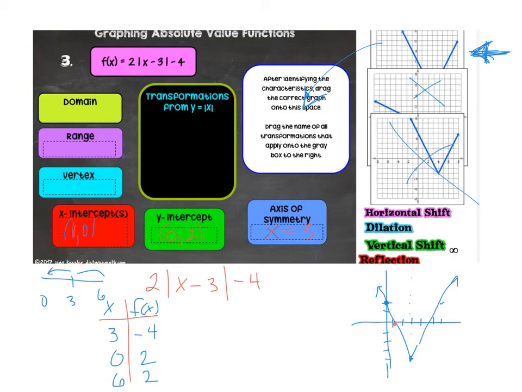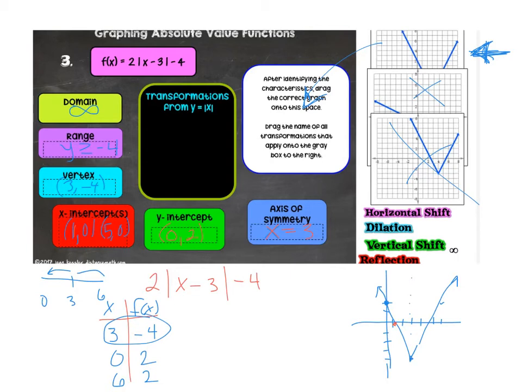And I'm going to guess the other one is at 5, 0. Okay, our vertex, we know our vertex is at 3, negative 4. Our range, on the y value, is y is greater than or equal to negative 4. And our domain is going to be infinite.